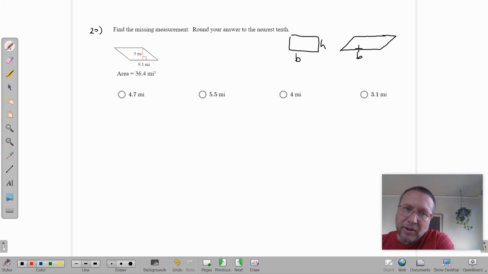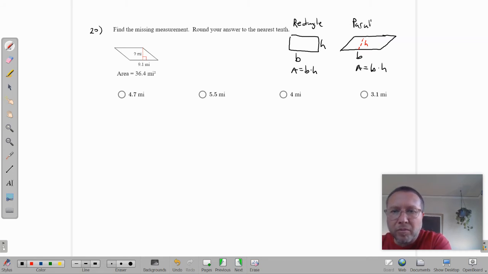So we'd have to know the distance that's perpendicular to the base. And so that would be the height. But the formula is going to be the same, whether you're talking about a rectangle, base times height, or a parallelogram, base times height. Right? This would be a rectangle and then parallelogram.